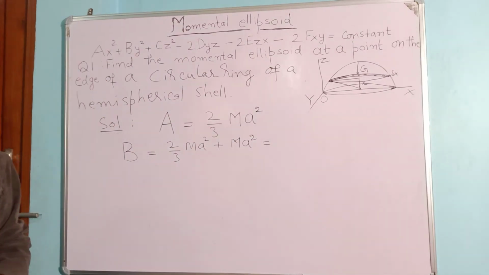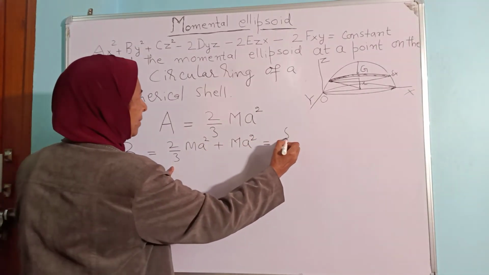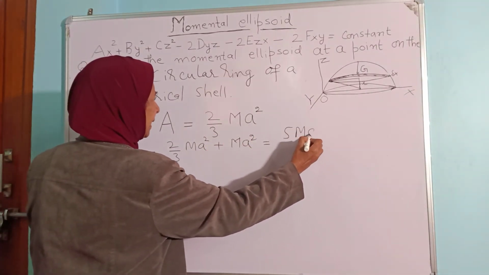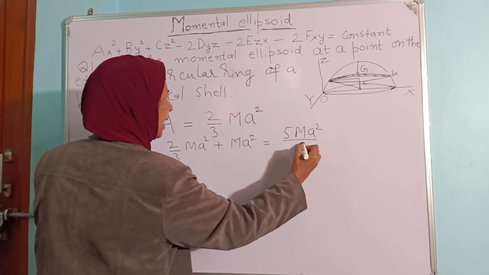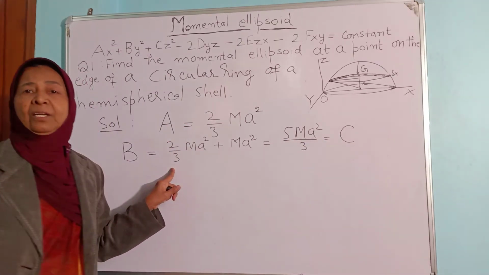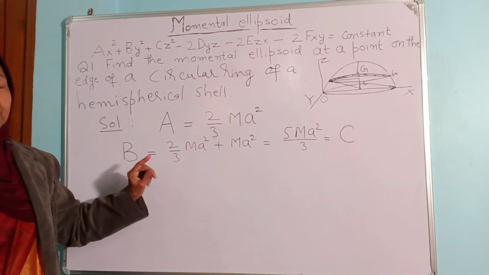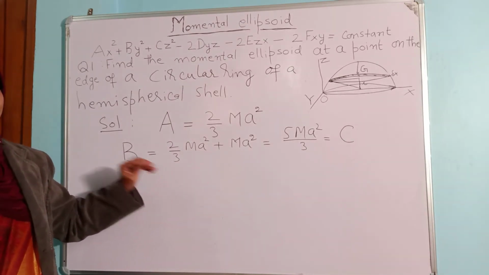So it will be equivalent to 5 ma square by 3, and this is also the value of C. B and C, they will be equal. Okay.